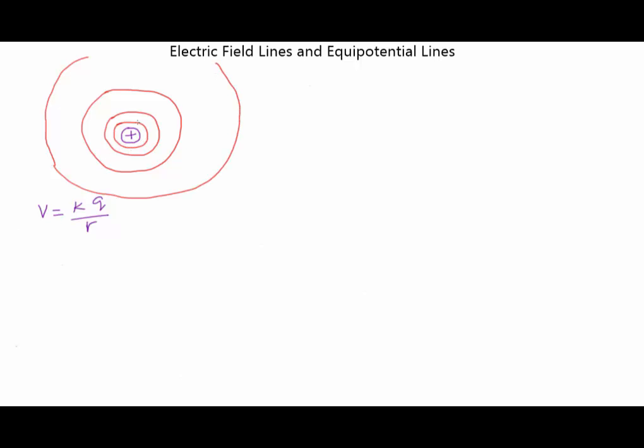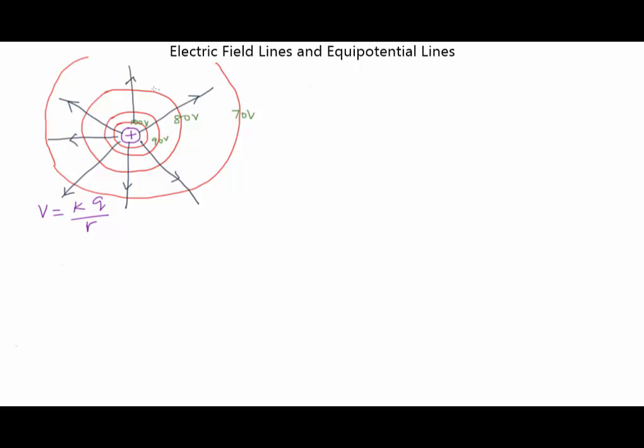So just for illustration, let me put some numbers over here: 100 volts, 90 volts, 80 volts, 70 volts, and so on. And I know that the electric field lines look like this. They always point directly away from the positive charge. So in this context, we can say that the electric field lines are radials, whereas the equipotential lines are concentric circles around the charge.